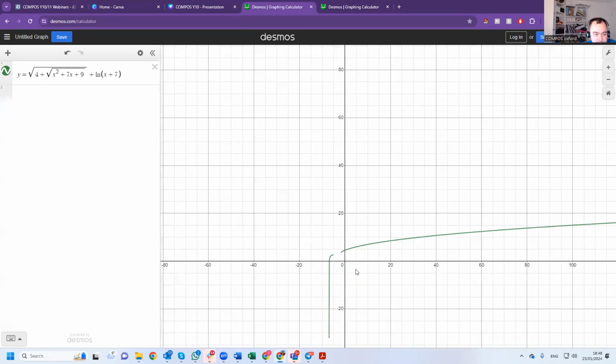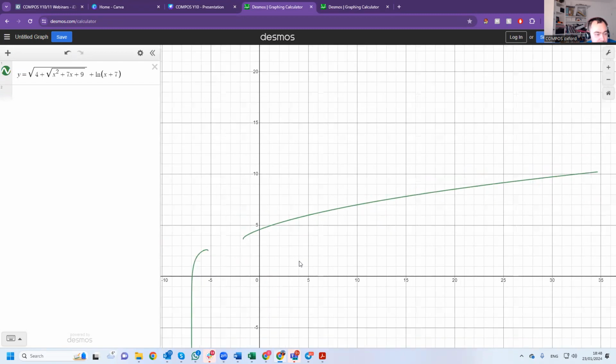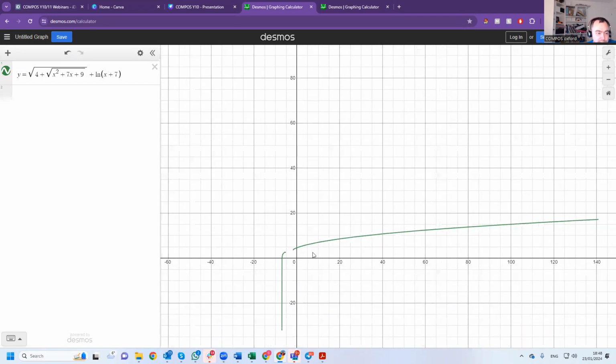So it's a graph. It has a gap. Never mind, that's fine. Graphs don't always exist.